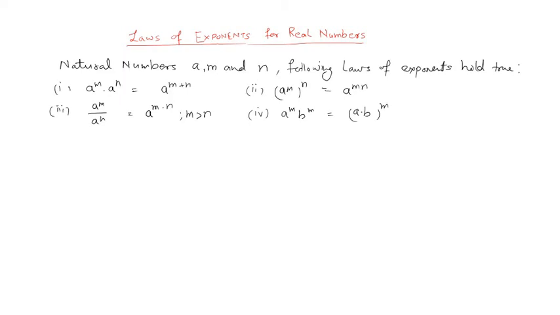Now these laws hold true for the natural numbers a, m, and n. So now let's look into the laws for the real numbers. So let's say that a be a real number such that a is greater than 0 and n a positive integer.